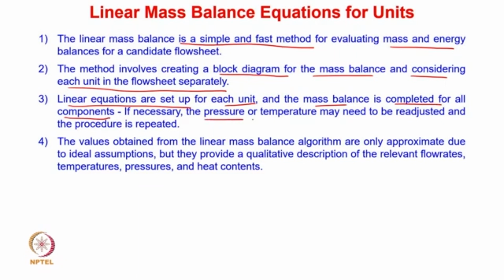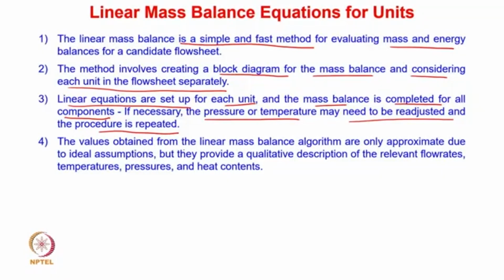If necessary, the pressure and temperature may need to be readjusted and the procedure is repeated. As I said, we perform the mass and energy balance, we recalculate temperature and pressures by using the equilibrium relations, and if these are not matching, then we do this entire procedure repeatedly till the assumed values of temperature and pressures and the obtained values are matching with each other.